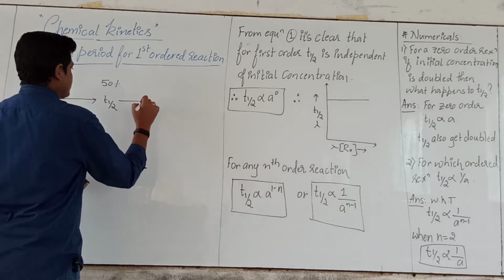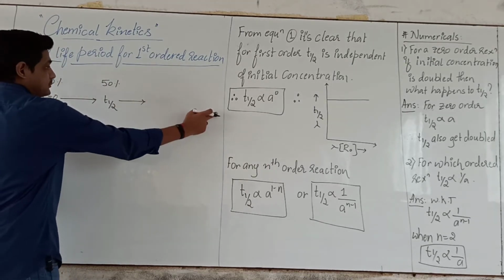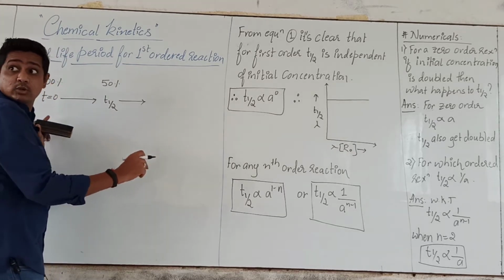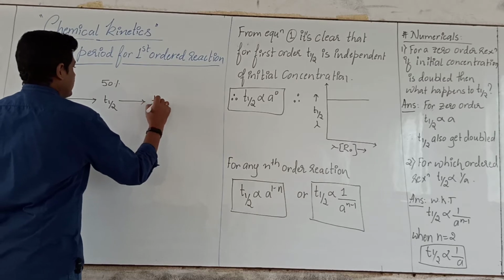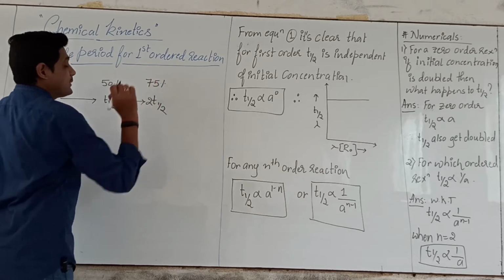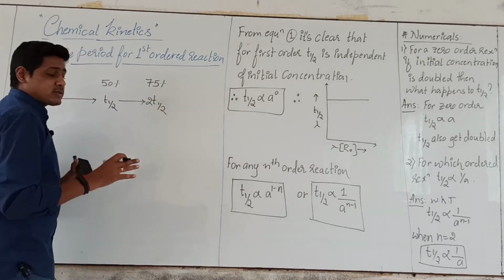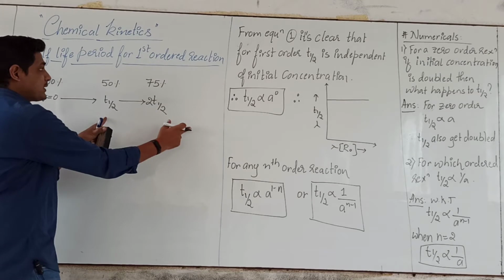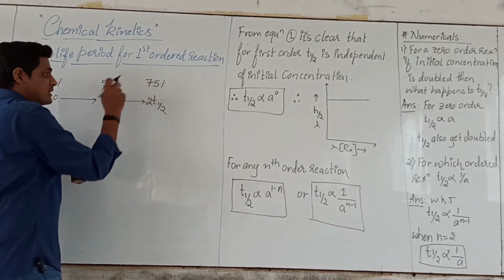Next 50% means, when 0 to 100% is there, then it will become 2 times half, which means 75%. What is remaining now? When 50% is consumed, 50% is remaining, so half of that means 25%, which means 75%.